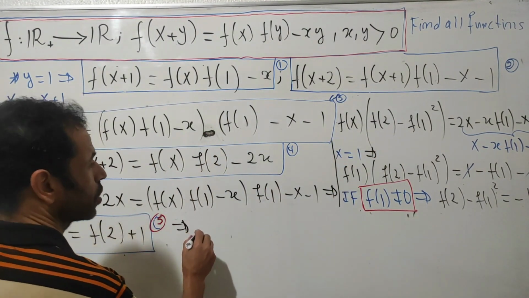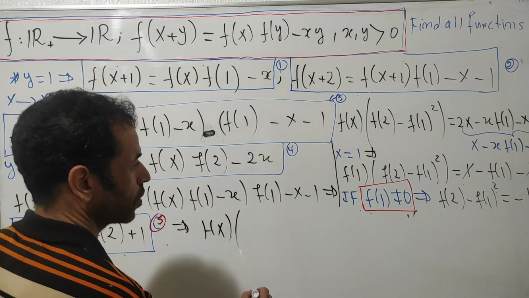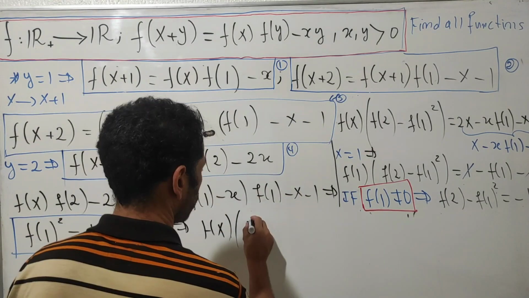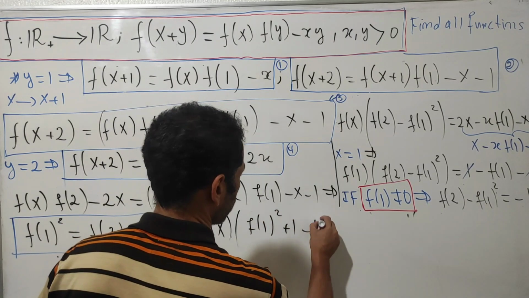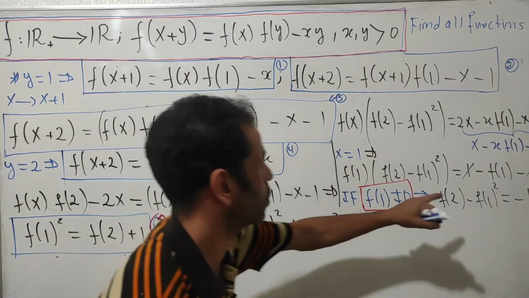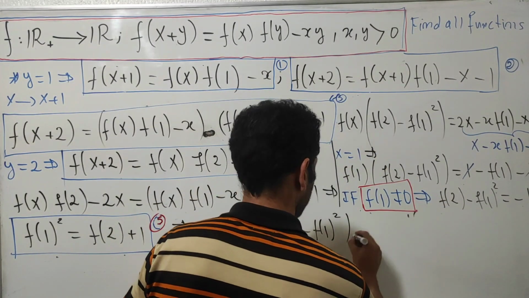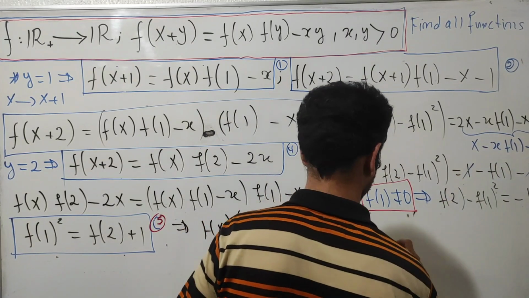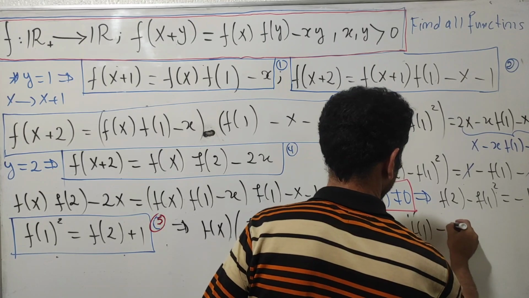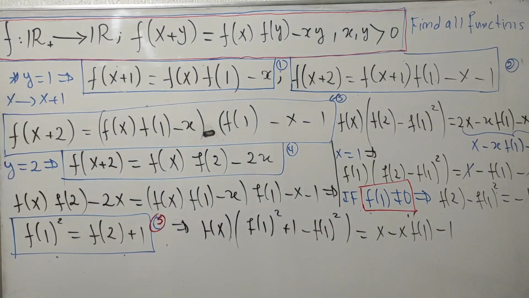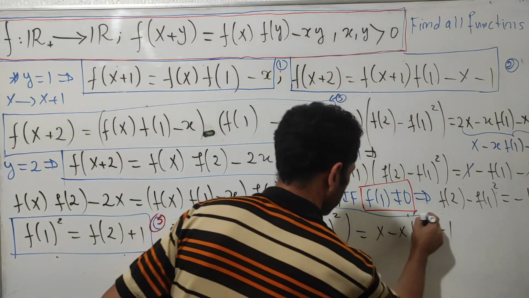So I get f of 2 replaced with f of 1 squared plus 1 minus f of 1 squared. I'm inserting this back here, which equals x minus x f of 1 minus 1. So I have this equation now.